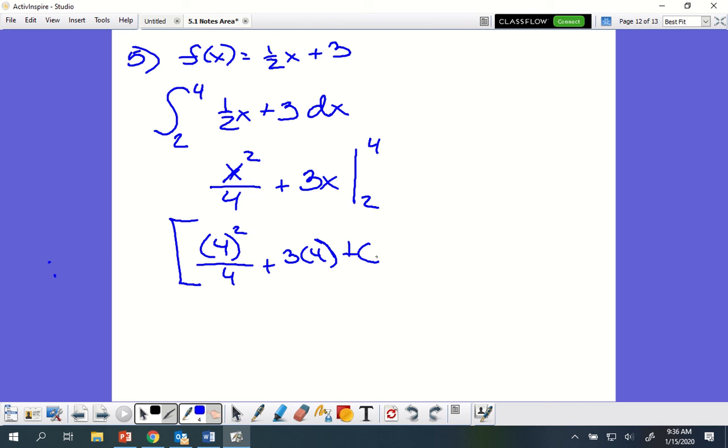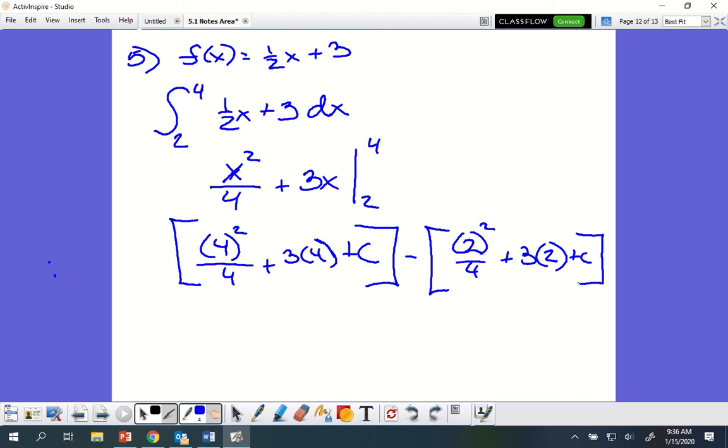Remember my plus C? There's always a plus C, right? And I'll show you why I didn't write it up there. You'll see why in a second. So, minus my bottom, which is going to be 2 squared over 4 plus 3 times 2 plus C. Like I said, there is some madness to my method.